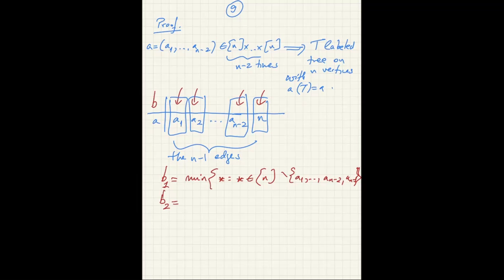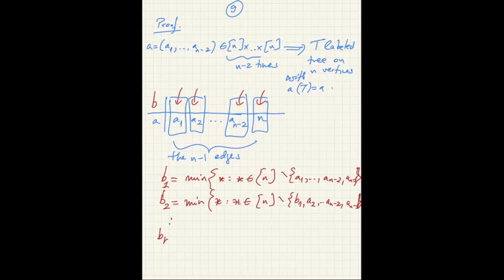So when you have all the vertices in n minus B1, A2, ..., An minus 2, An minus 1 available, B2 is the minimum of these values. And so the pattern continues like this.